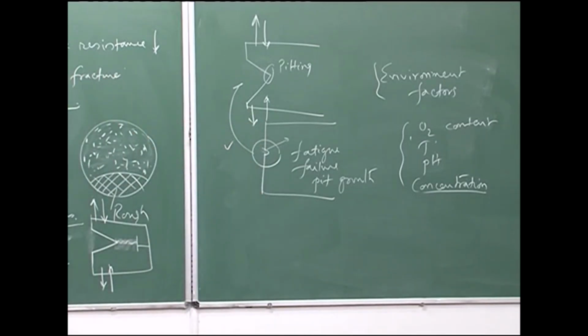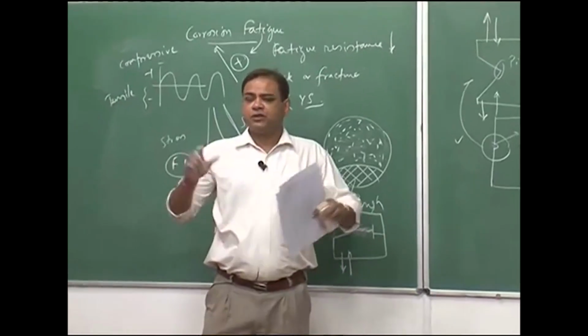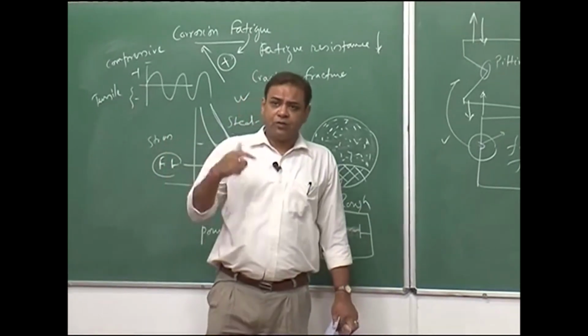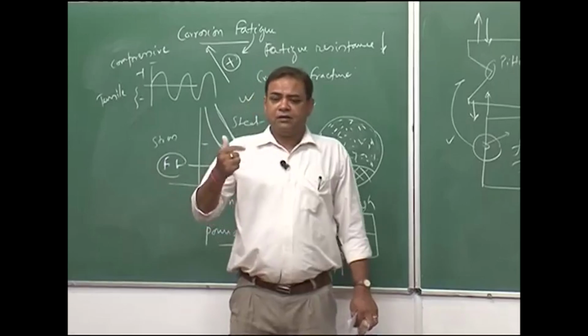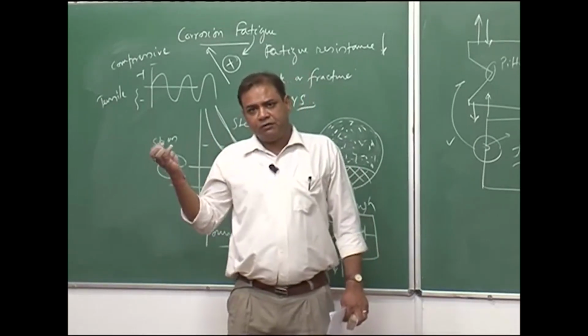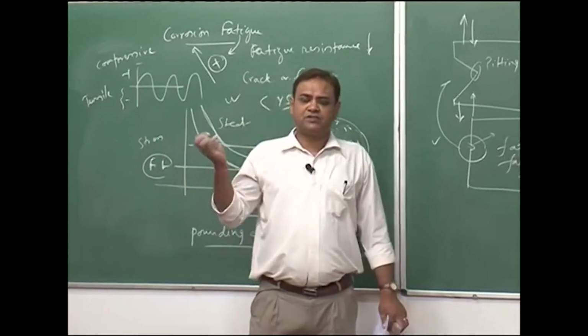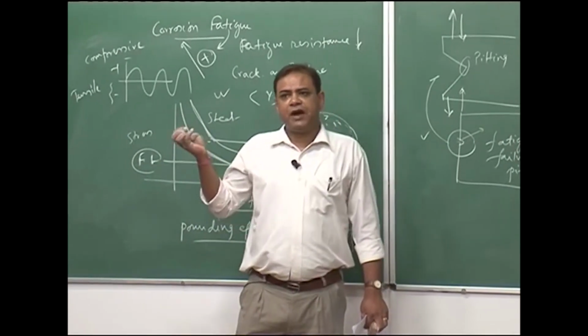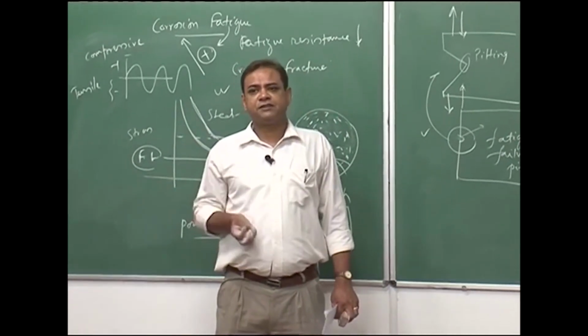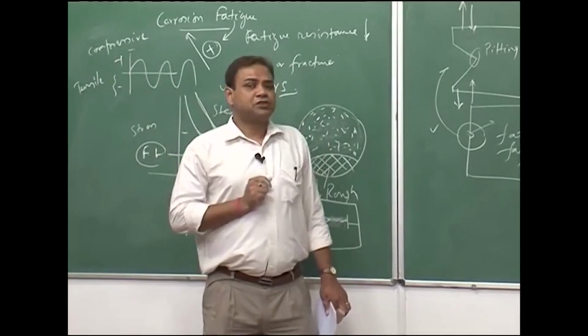So, overall we see the corrosion cracking effect, and this can form due to three reasons. One is stress corrosion cracking, there could be hydrogen embrittlement or hydrogen related cracking, and there could be corrosion fatigue.